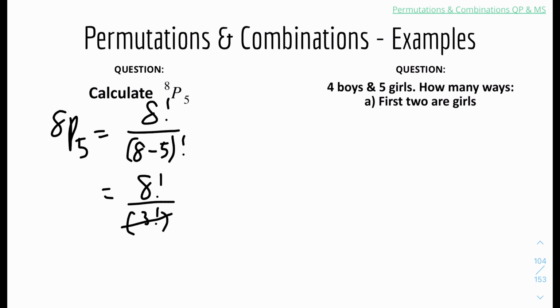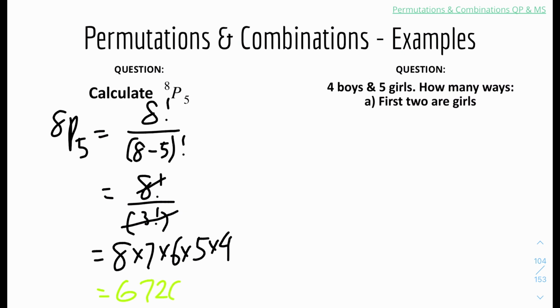If you cancel out the 3 factorial with the top factorial, you're left with 8 times 7 times 6 times 5 times 4. If you type that into the calculator, you get the answer, which is 6,720.